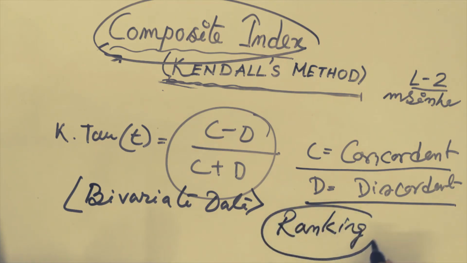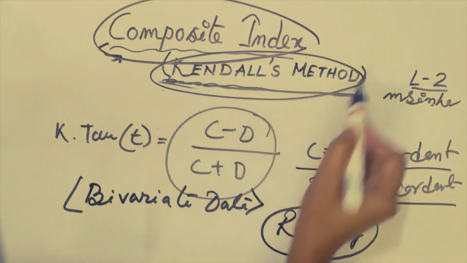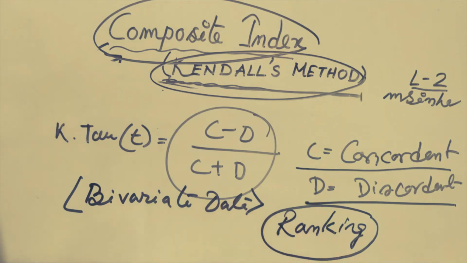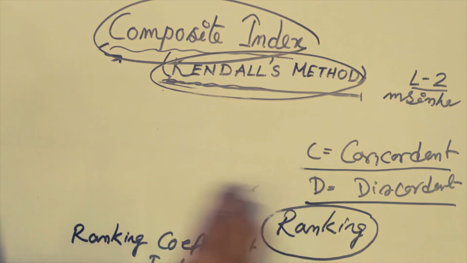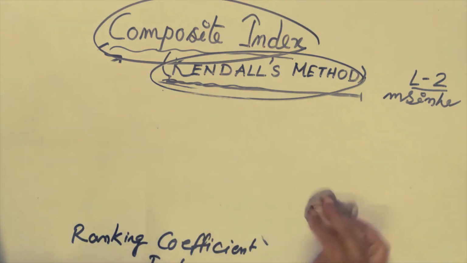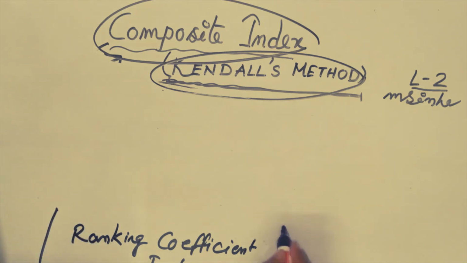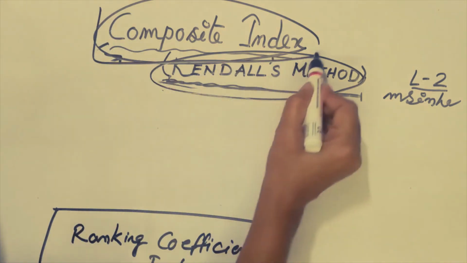This ranking analogy of Kendall's method of correlation is used here to prepare the composite index. Better to say this index is known as the ranking coefficient index instead of composite index.